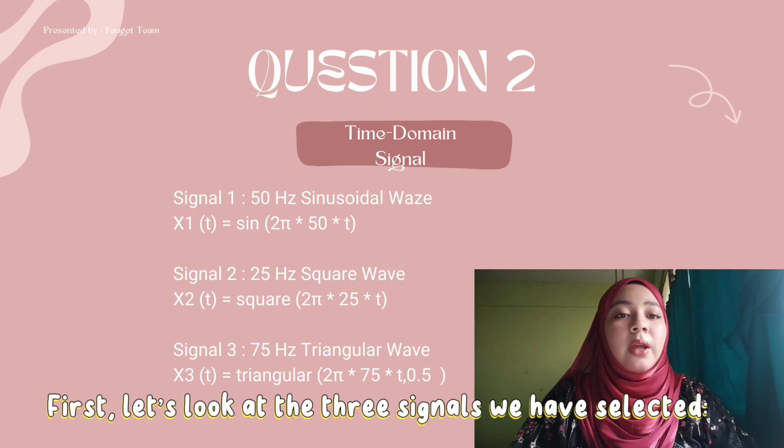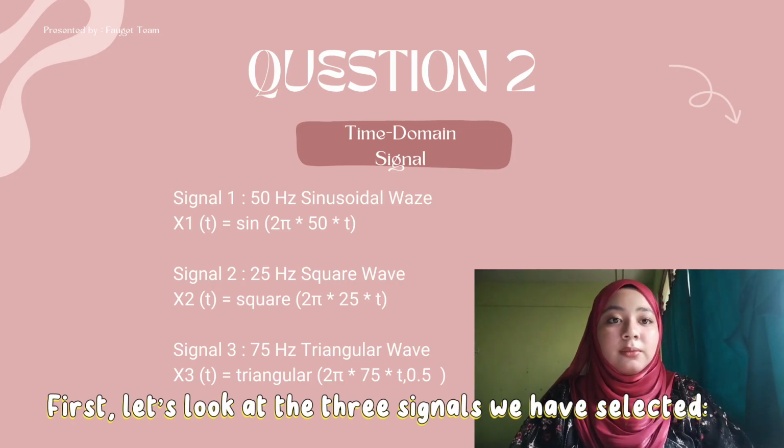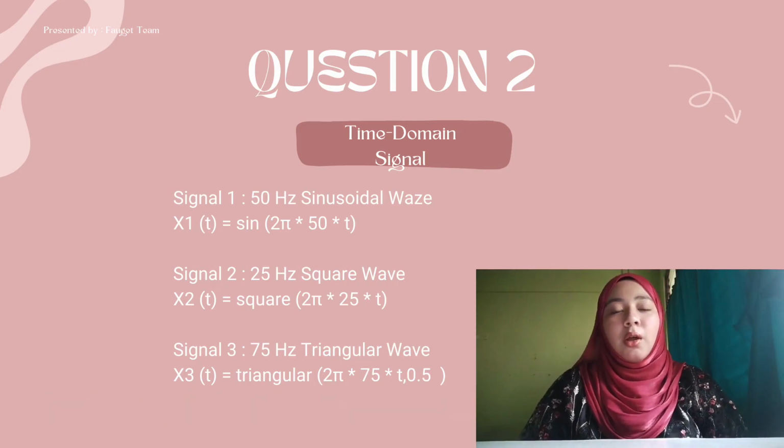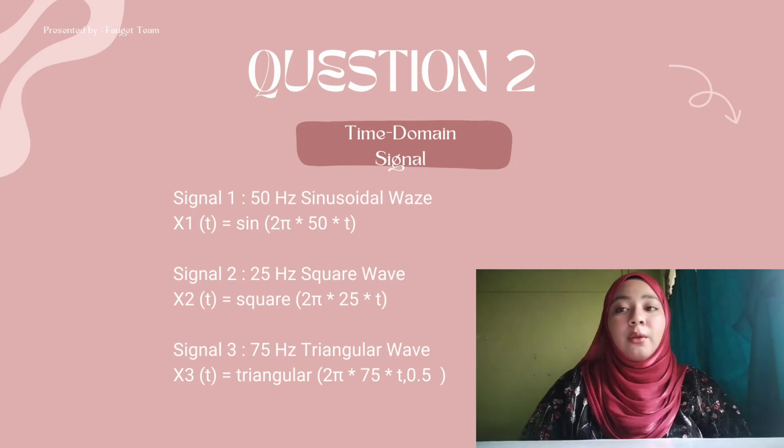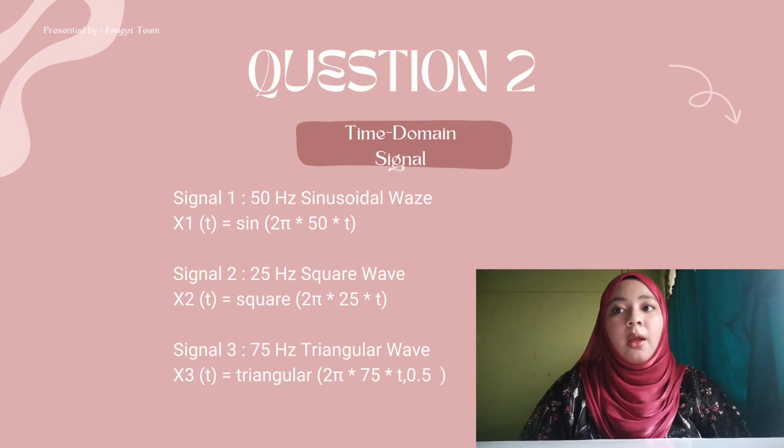First, let's look at the three signals we have selected. Signal 1 is a 50 Hz sinusoidal wave defined as x1 equals sin(2 pi multiplied by 50 multiplied by t). Signal 2 is a 25 Hz square wave defined as x2 equals square(2 pi multiplied by 25 multiplied by t).